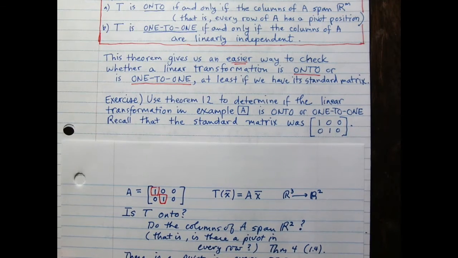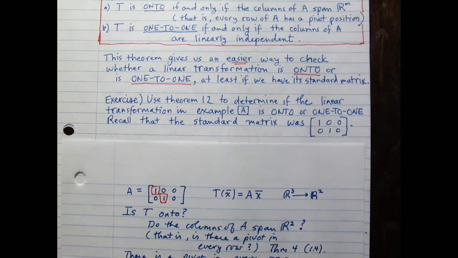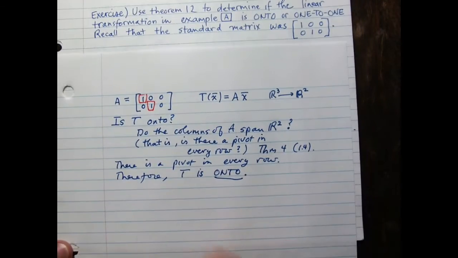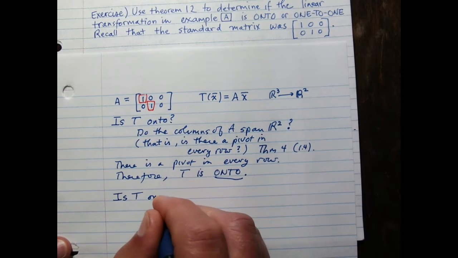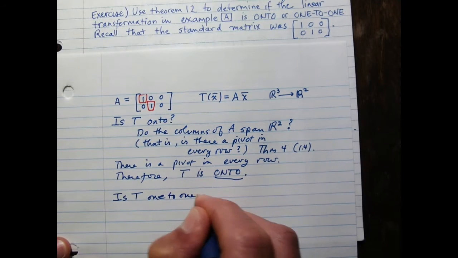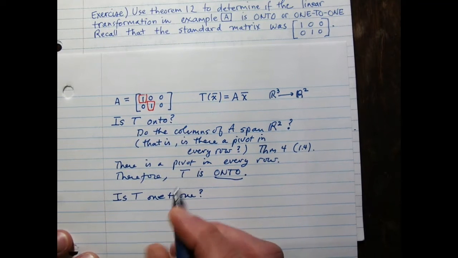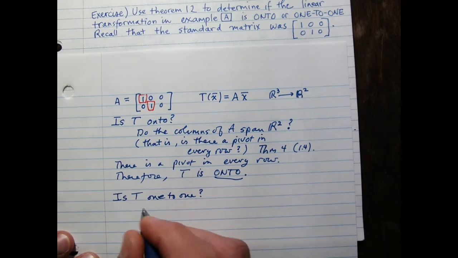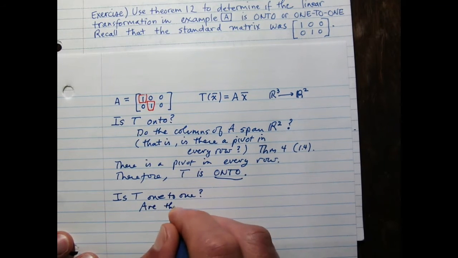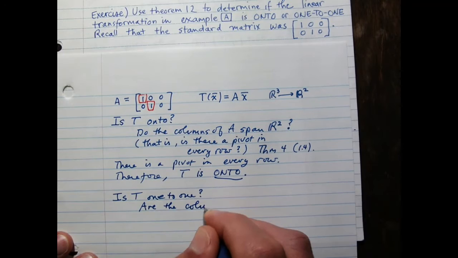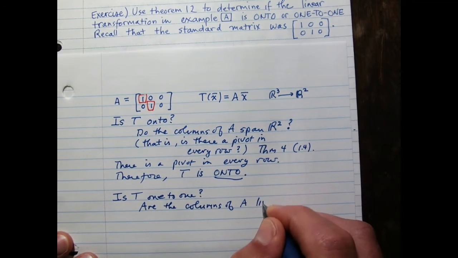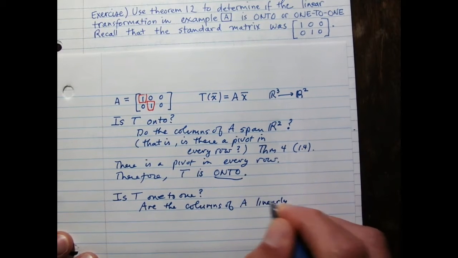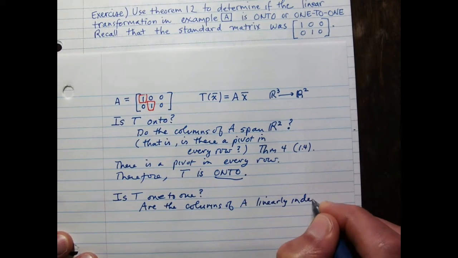Now we also have to ask the question, is T 1 to 1? According to Theorem 12, we're asking ourselves, are the columns of A linearly independent?